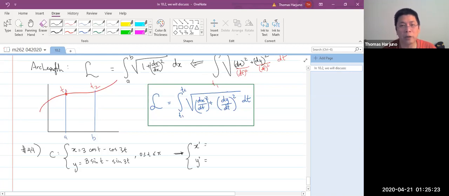This is the x prime here, being squared, and this is the y prime being squared. So x prime will be negative 3 sine t plus 3 sine 3t. The y prime will be 3 cosine t minus 3 cosine 3t.